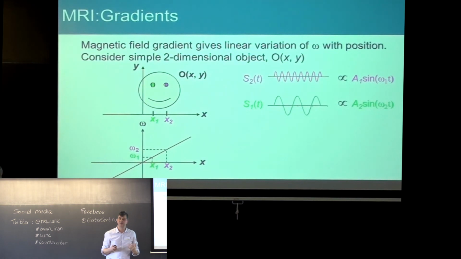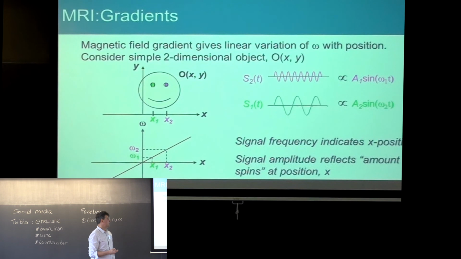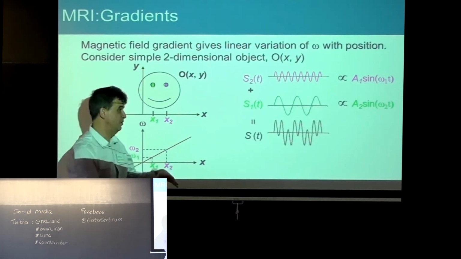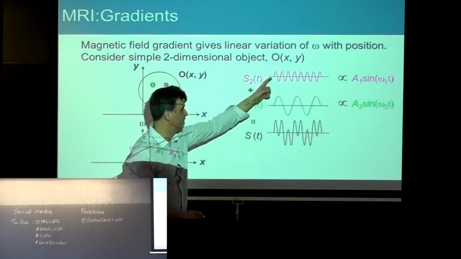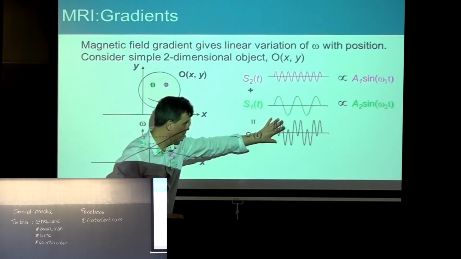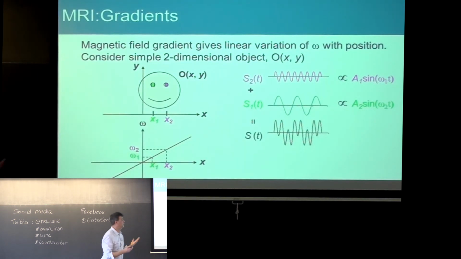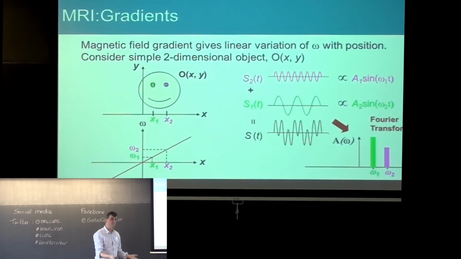The signal frequency tells us where the location is. The actual signal we detect is just the sum of these two signals, which looks a bit more complicated, a little less easy to interpret, but decomposing signals into their constituent frequencies is something that there are very good mathematical techniques for doing.